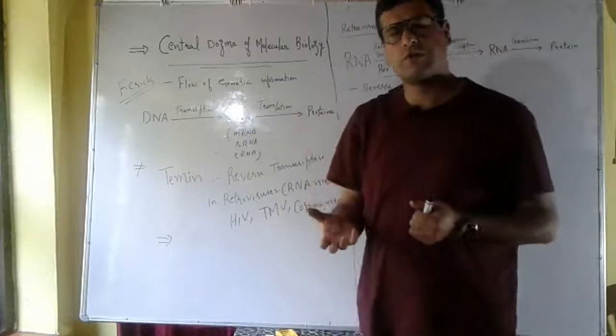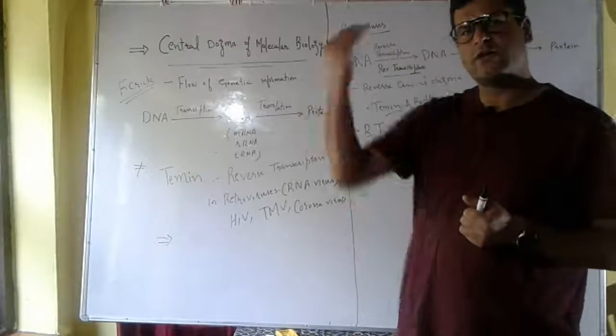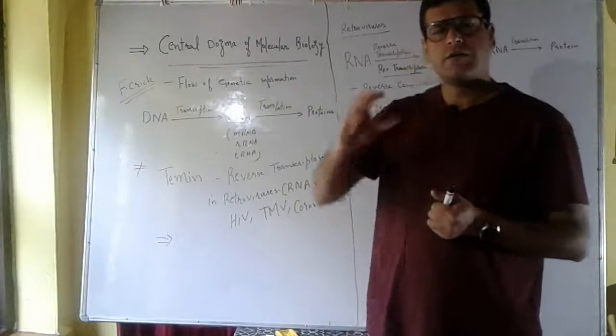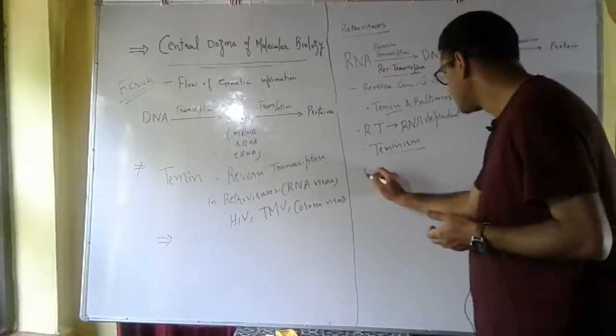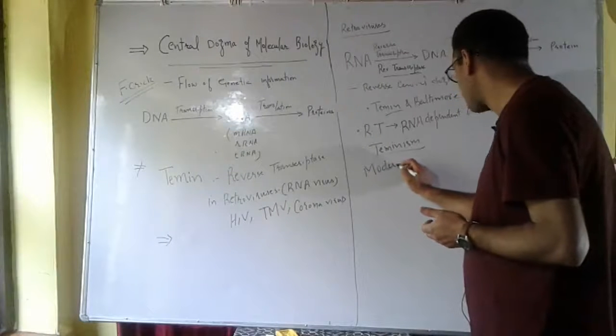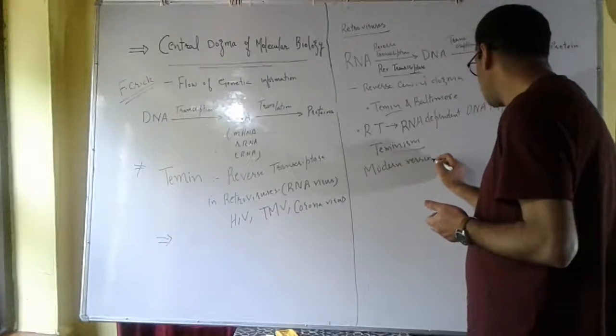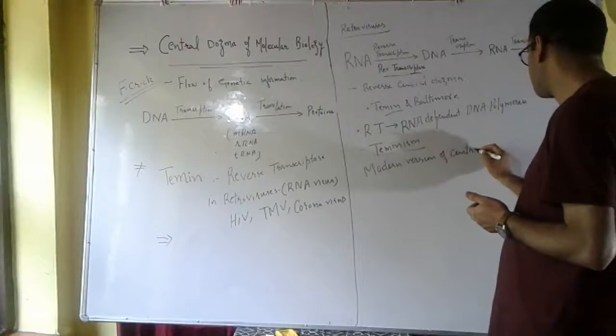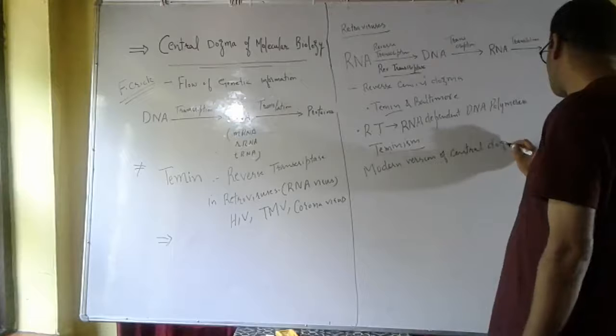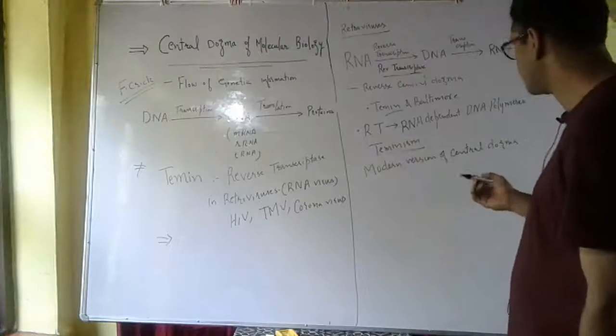Then retroviruses and reverse transcriptase were discovered, where RNA was found as a genetic material. Now the modern version of the central dogma of molecular biology is as follows.